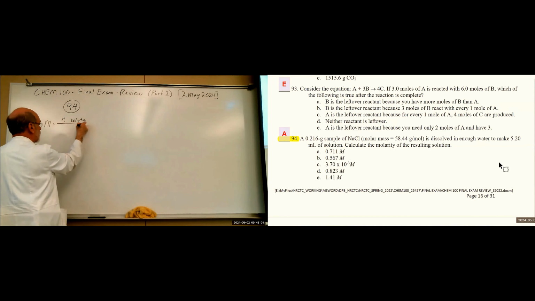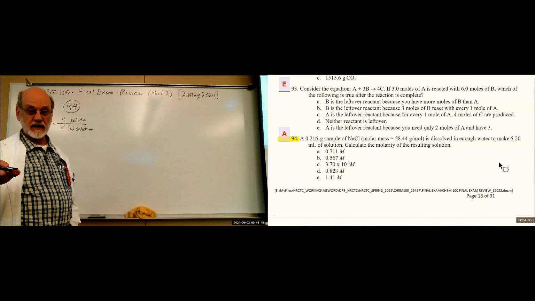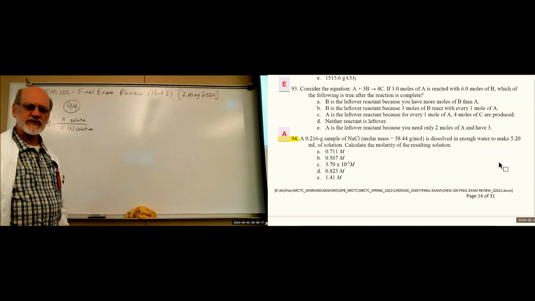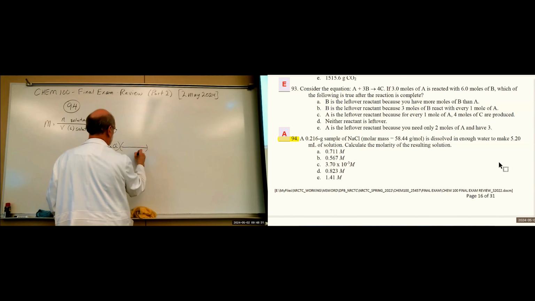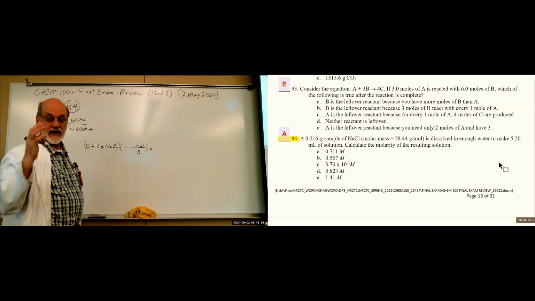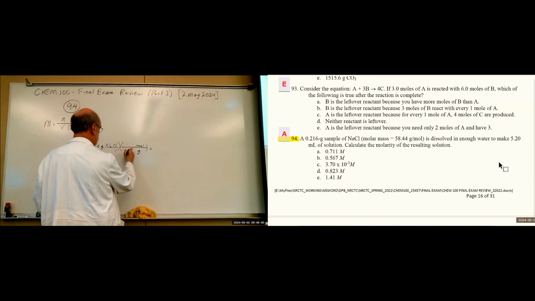Okay, so we need to make sure we have the right units of measure. 0.216 grams of sodium chloride is not moles. We have to convert that. We're going to convert it to moles. Grams on the bottom, moles on the top. And we're given the value there, 58.44 grams per mole.